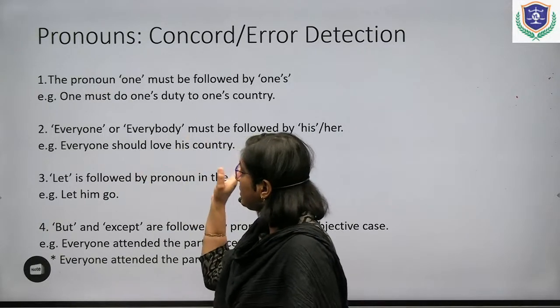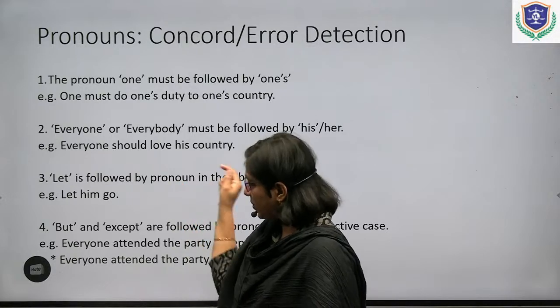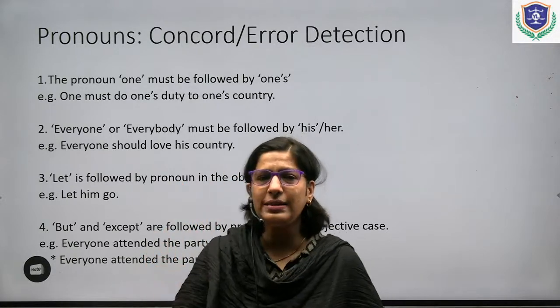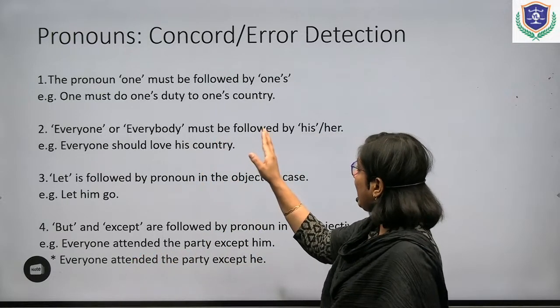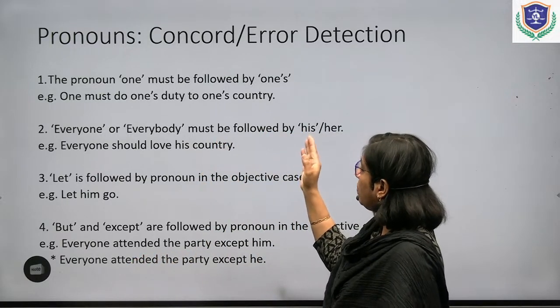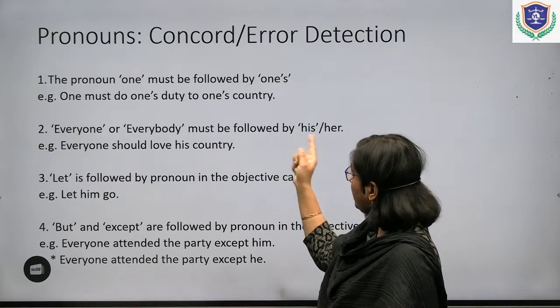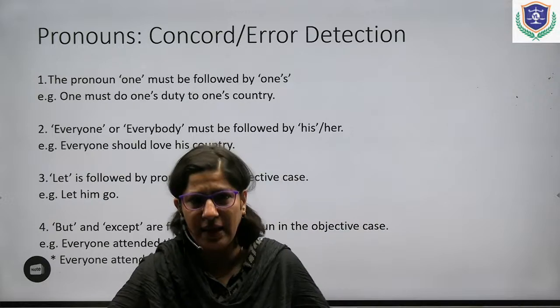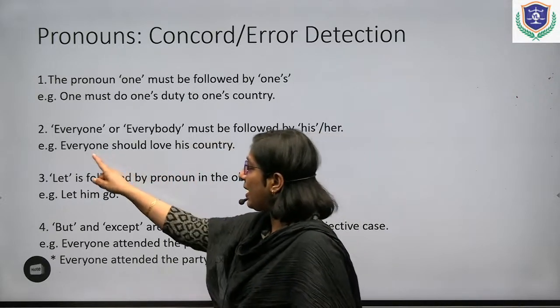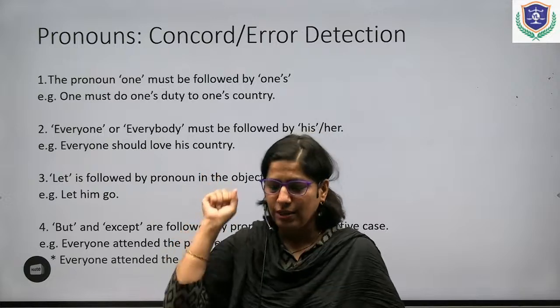So these particular sentences are only telling us what we are not supposed to do. With everyone and everybody, we have to follow with his or her only, and not one or they or them, because we are singularizing it.